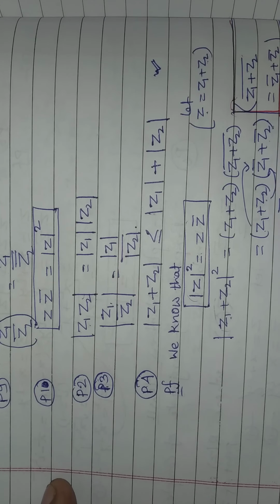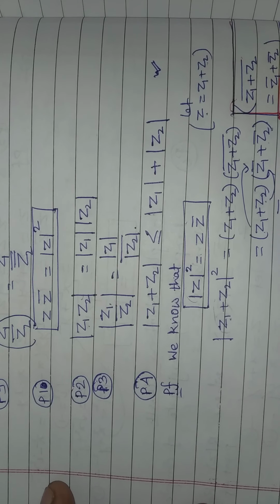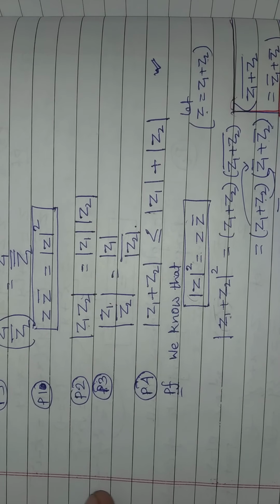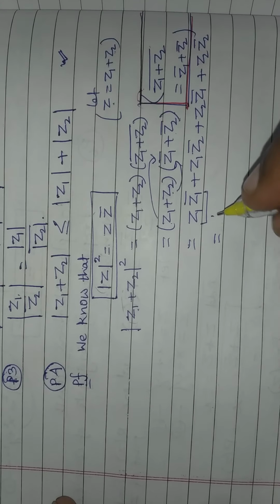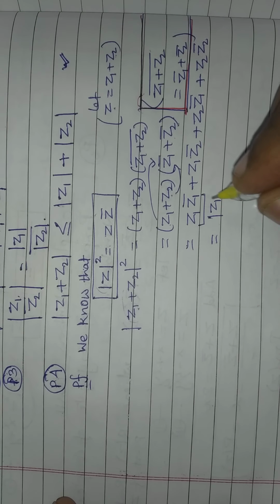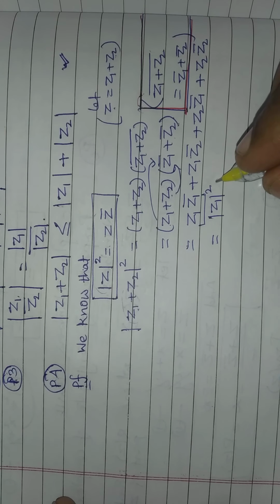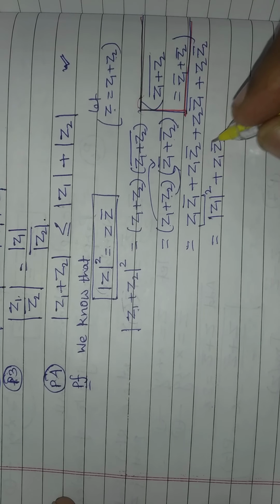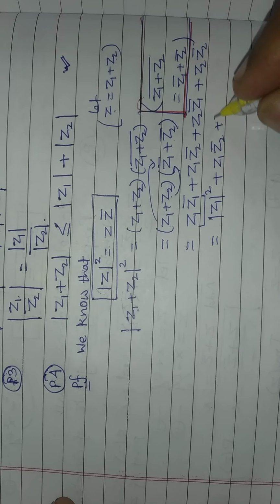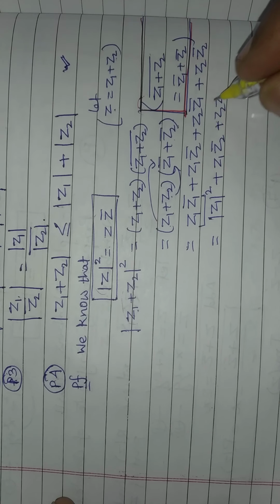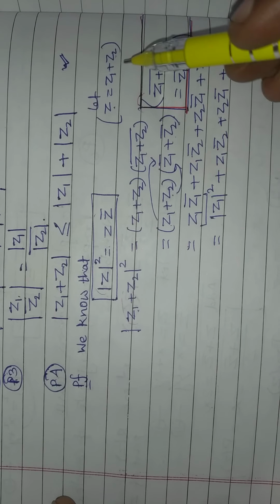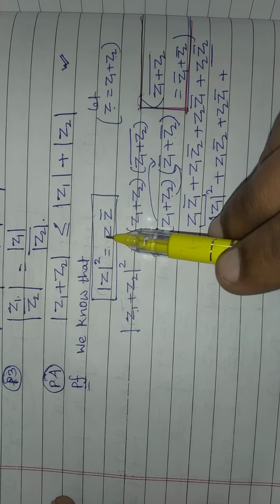Now see, Z1 Z1 bar can be written as modulus of Z1 square, and Z1 Z2 bar is written as it is, and Z2 Z1 bar is written as it is, and we can use this property again here.